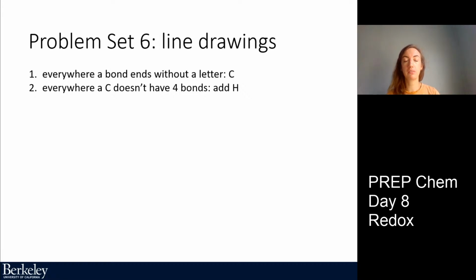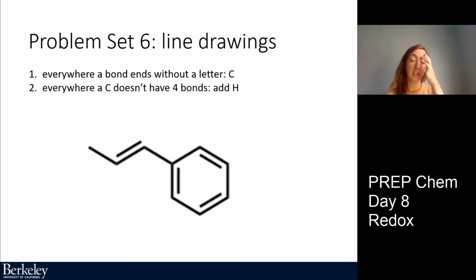So the two basic rules of reading these simplified line drawings is that everywhere a bond is drawn, where it ends without specifying what element it's ending in, that's a carbon. And then for every carbon that doesn't have 4 bonds, we add enough hydrogens to make sure there are 4 bonds. So this is an example from the homework.